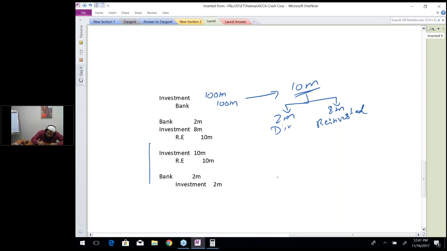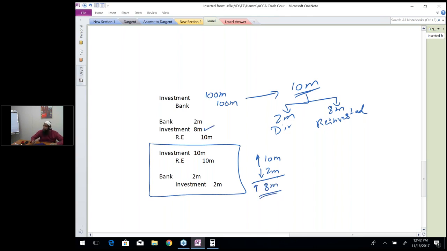Now if you look at this entry, investment debit by 10 will increase the investment by 10 and the credit by 2 will decrease the investment by 2. So the net impact is 8 million, same. Bank debit by 2, same. Retained earnings credit by 10, same. So both the entries are the same.